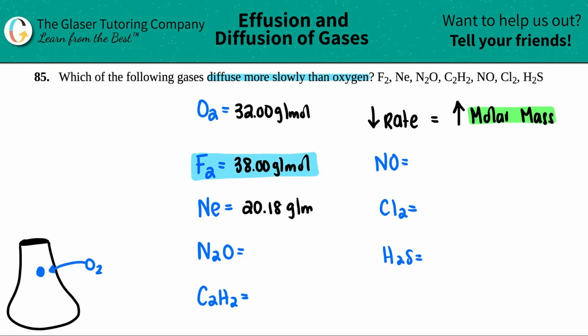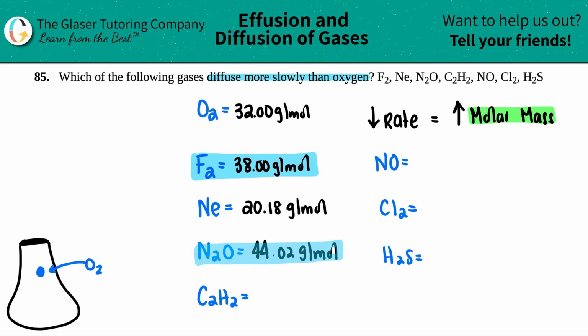So it's faster because it has a lower molar mass. N2O, 14.01 times 2 plus 16, that's 16 plus 28.02, which gives 44.02. So there's another one because it has a higher molar mass.